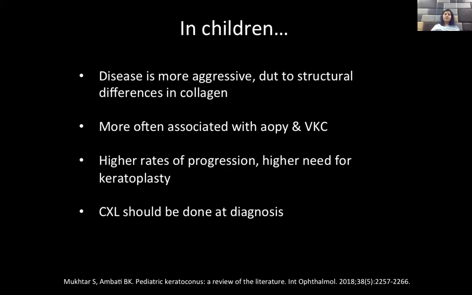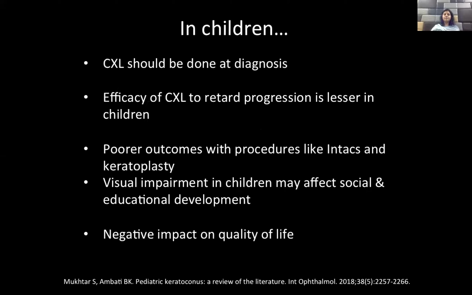And it's recommended that if you see a child with keratoconus, then collagen cross-linking has to be done at diagnosis. Now, the efficacy of collagen cross-linking to retard progression is lesser in children than in adults. Okay, so again, most of the things are quite negative for children as compared to adults.